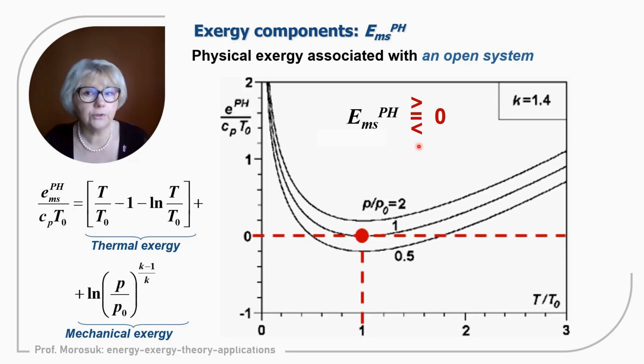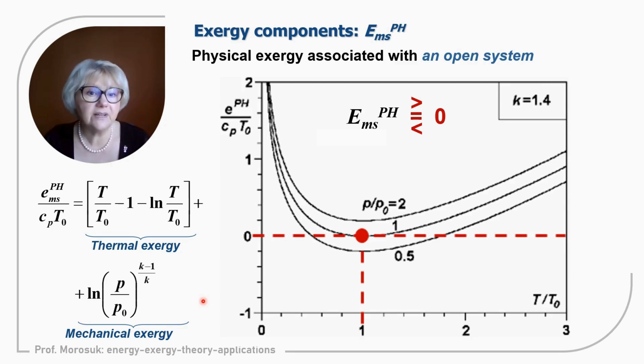This case is very important for us to understand, and also why it is negative. So we can see that it is not always negative when pressure is below the environmental pressure. Sometimes the contribution of the thermal part can be significant, and then the negative value of the mechanical part will be neglected.